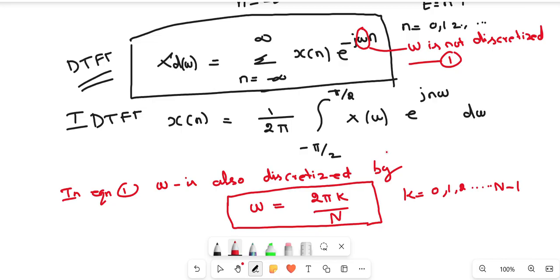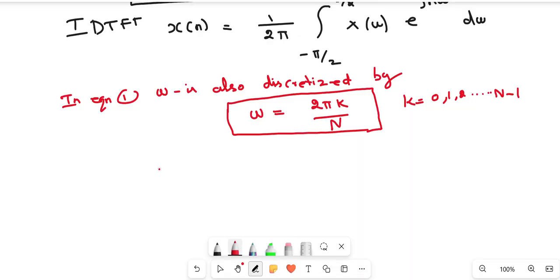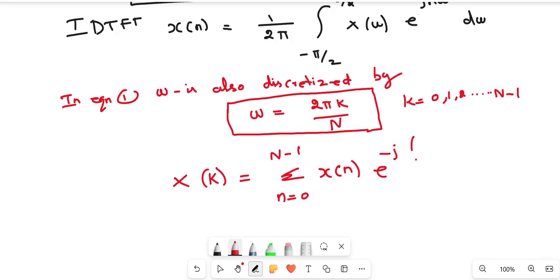Now this equation is modified as x of k is equal to summation of n equal to 0 to n minus 1 x of n into e power minus j, the omega replaced by 2 pi by n, into k n, where n is the total number of samples of x of n.